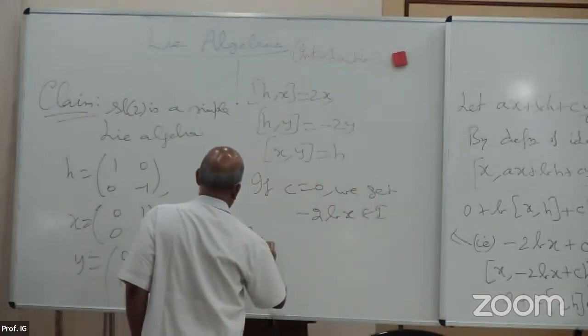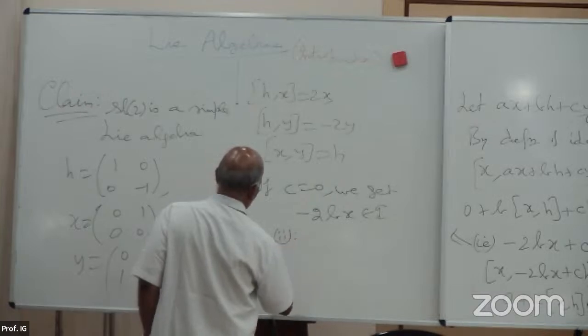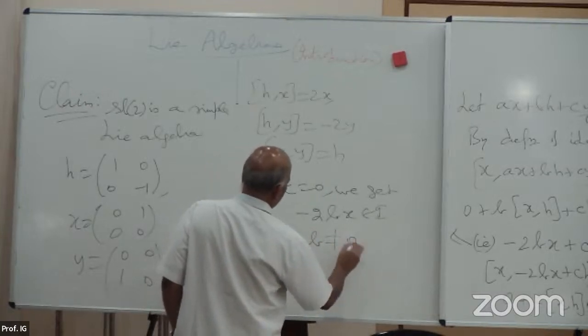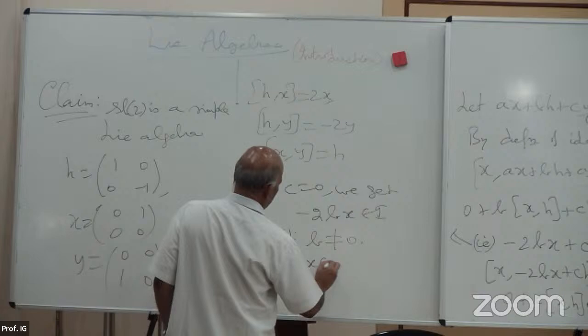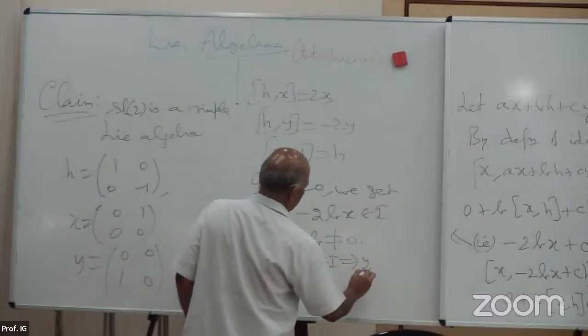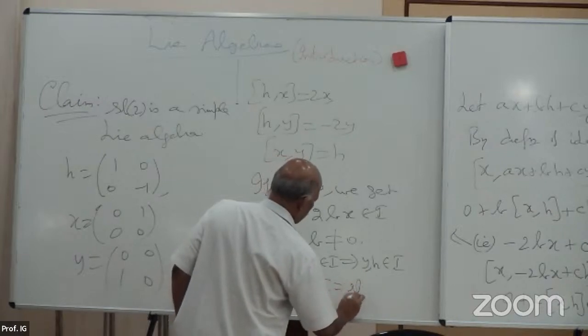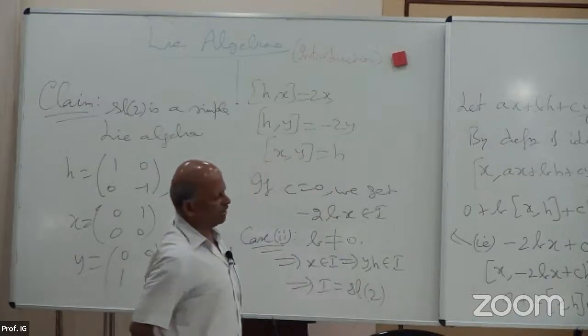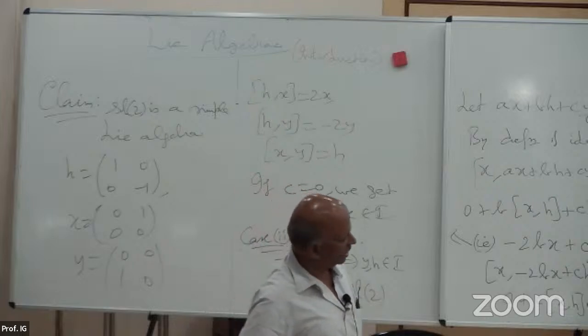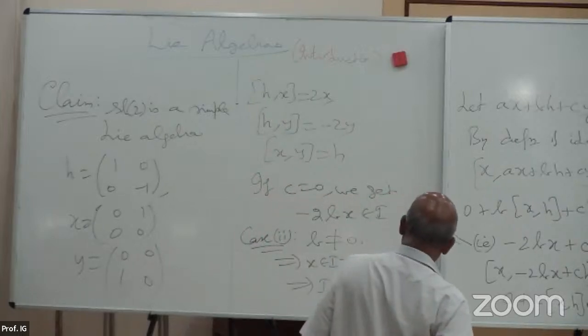This will be case 2. b is non-zero. That means x belongs to I. That means y and h belong to I. That means I is the same as before. Once you get hold of x by the Lie brackets, we can get y and h.